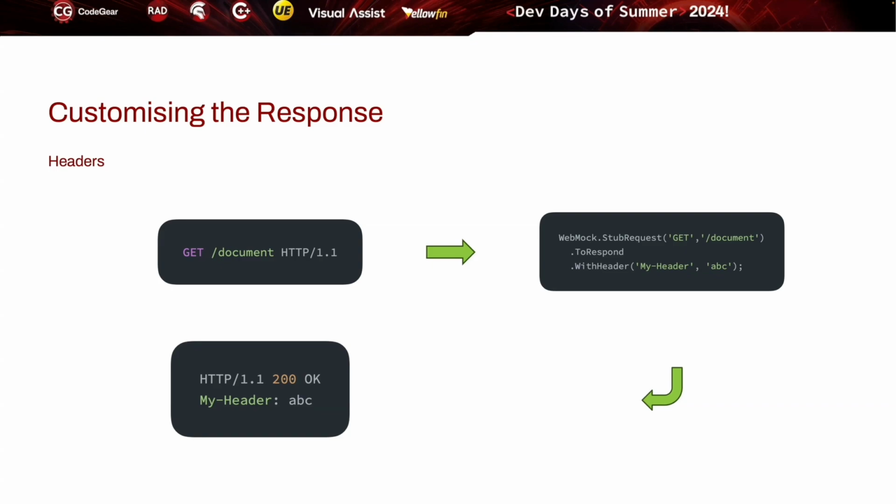So you can chain the with headers and with body. You can chain them together to make complex responses. And here we're adding in the header, my header, with a value of ABC, and as you can see, the response coming back would be 200 OK my header ABC.